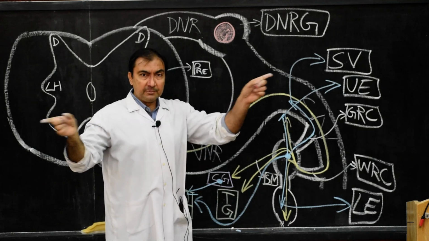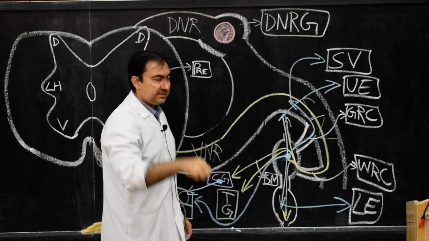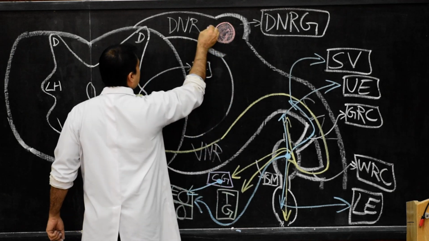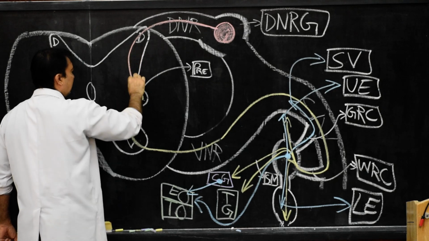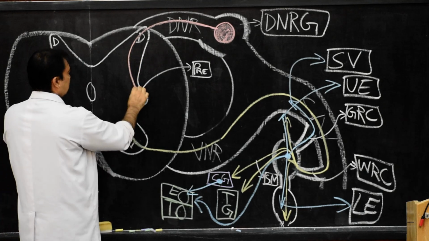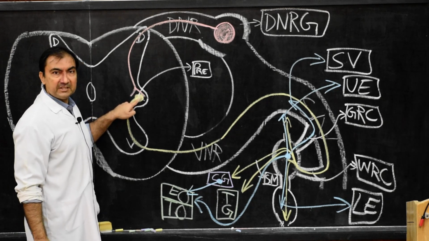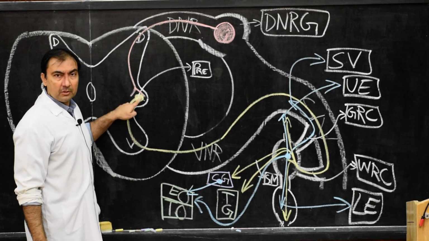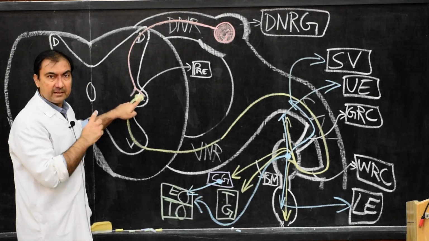Now it will have two arms, a peripheral arm and a central arm. The central arm, we draw straight away, will pass through the dorsal nerve root, will pass through the dorsal gray horn and will relay where it will synapse with the preganglionic neuron which is present here in the lateral gray horn. It will relay with the preganglionic motor neuron in the lateral gray horn.